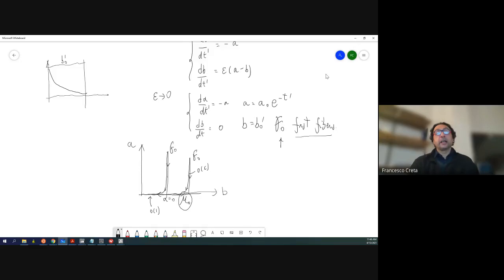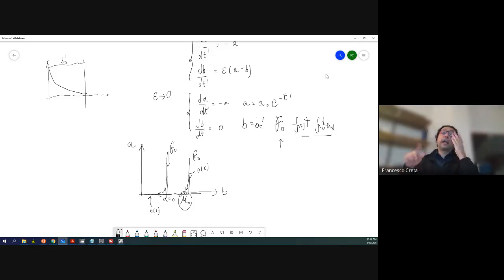So you see this line, A equals 0, represents an attractor. It's called a manifold, but it attracts all the trajectories of the system, depending on where the initial condition is; it will attract all the asymptotic behavior of the system.